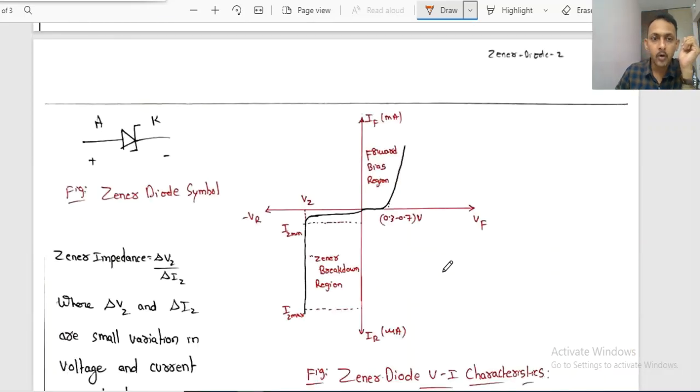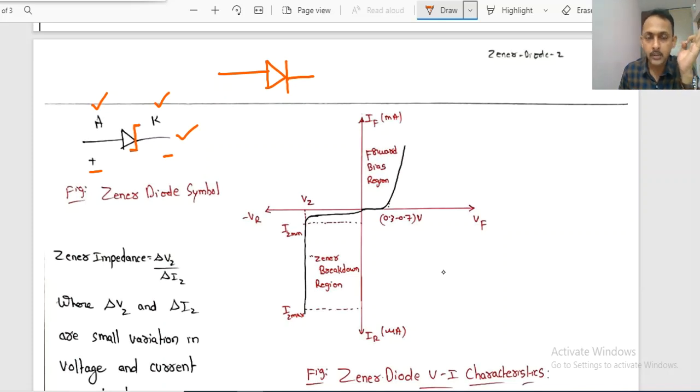If you observe the diode symbol, this will be the symbol for the Zener diode. For an ordinary diode, we draw a simple straight line, but here it is in the shape of a Z. Anode is positive, cathode is negative. If the anode is connected to the positive terminal of the battery and the cathode to the negative terminal, it is forward bias.